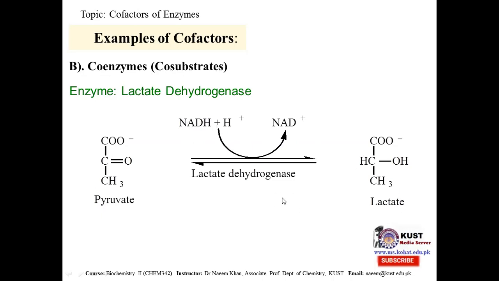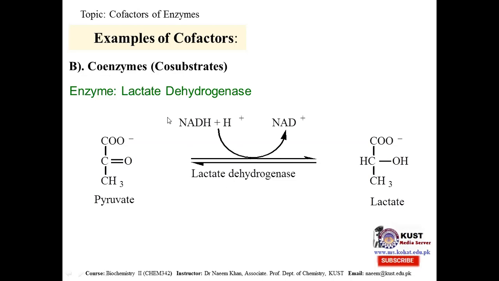This is a very important reaction, especially in oxygen deficiency, when there is no passing of pyruvate to the tricarboxylic acid cycle. So the only possibility for pyruvate then is to change to lactate, and in this way the NADH is oxidized, so NAD can be used in glycolysis.